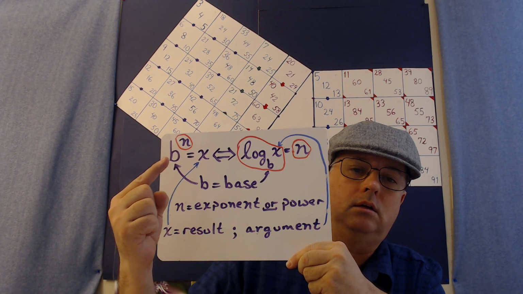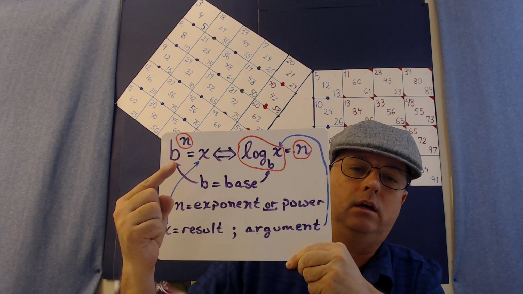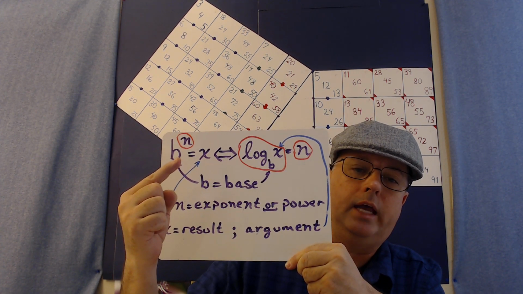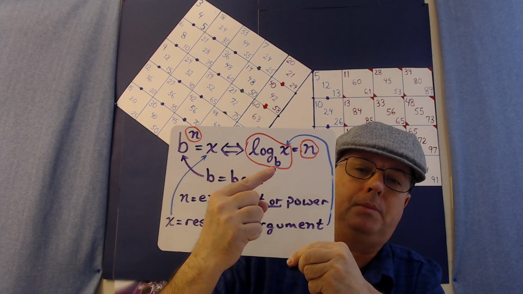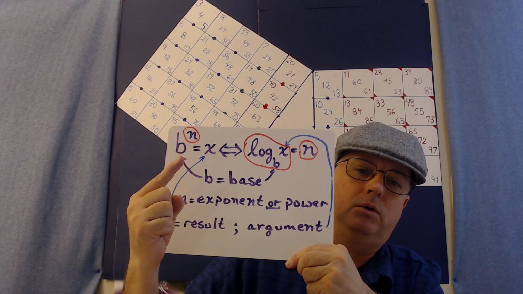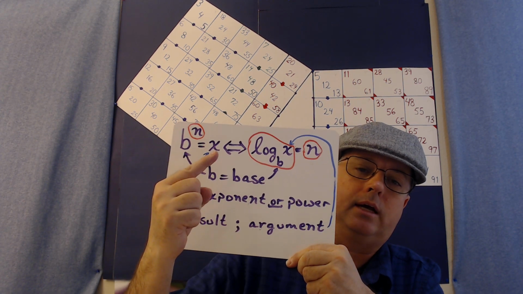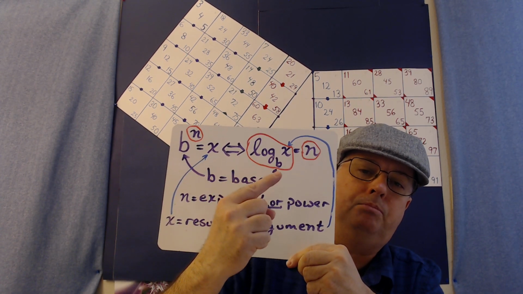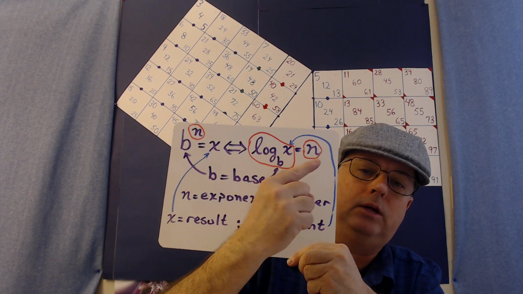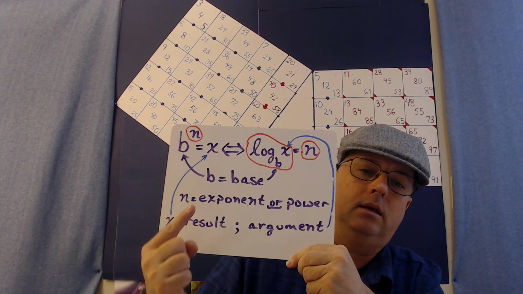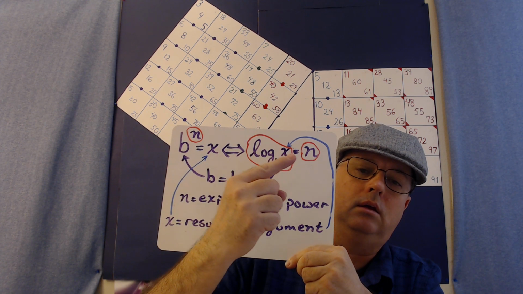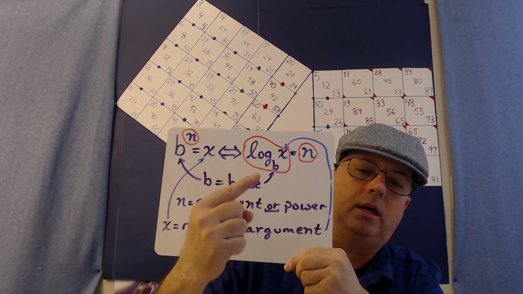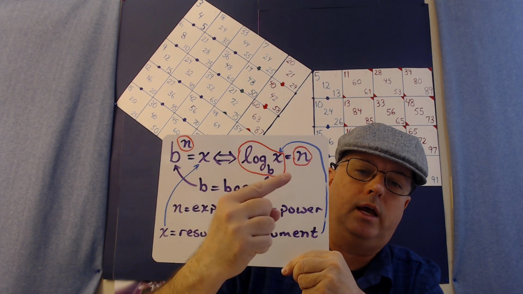So here, this is the base on the exponential expression, and this is the base on the logarithmic expression. And so when we say b to the n equals x, that means log base b of x equals n. And n is the exponent here, and n is the exponent here, and that makes the logarithmic expression an exponent as well.